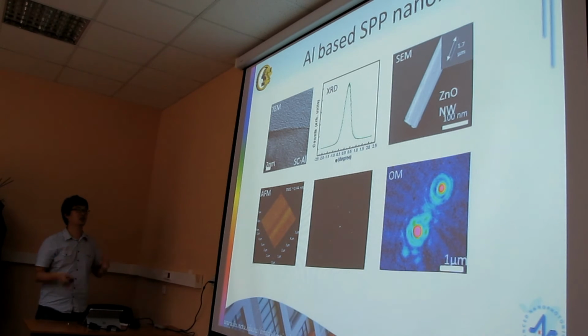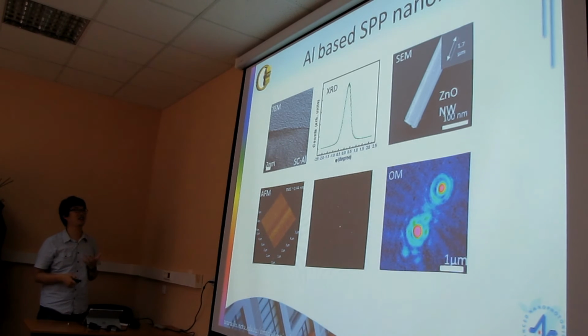As you can see, we use the MBE method to grow the single crystal aluminum, and this is the TEM image after 3 weeks. We cannot observe the native oxide, so it is relatively small in this case.